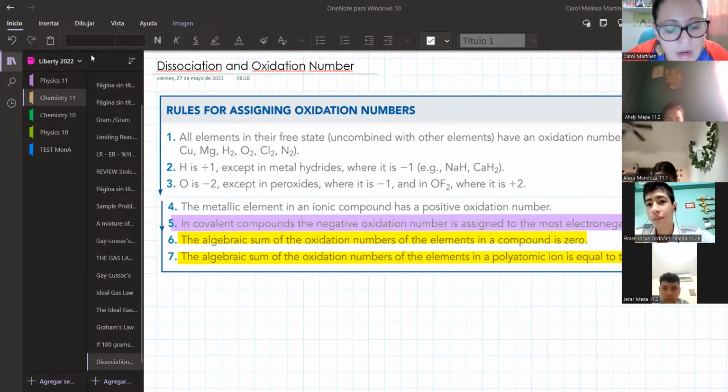Now we have the duality of hydrogen as the second rule of oxidation number.